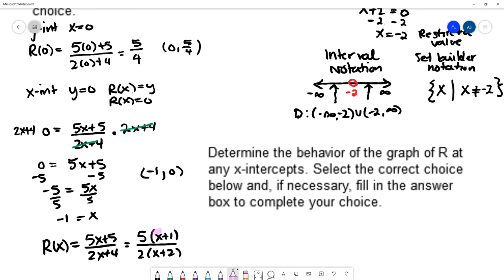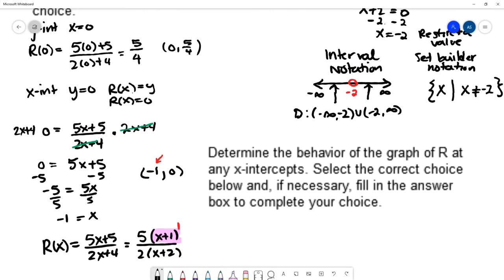And if we analyze this factor of x plus 1, this is the factor that matches our x-intercept of negative 1. And this factor is only raised to the first power, so that means that factor has a multiplicity of 1. And because that multiplicity is odd, we know that the graph will cross at that x-intercept.